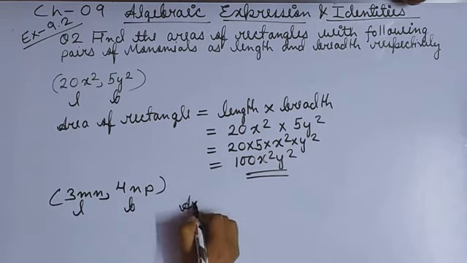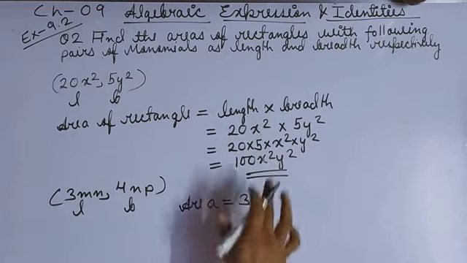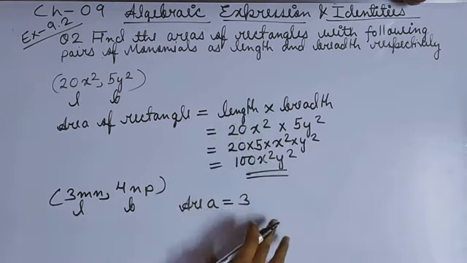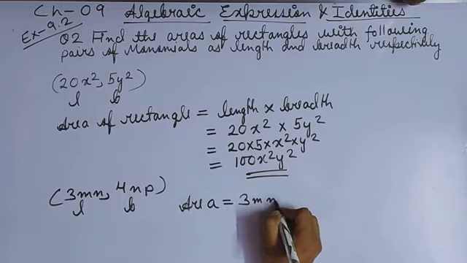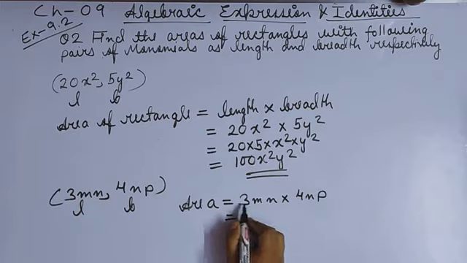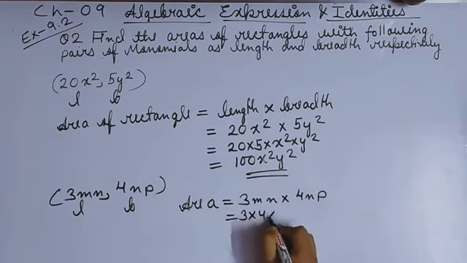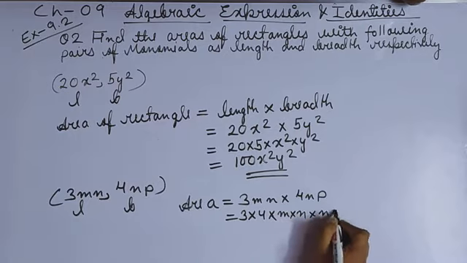So area will be equal to 3mn, as we have already done the first one, area of rectangle is length multiply breadth. So no need to write the formula every time, just area is equal to 3mn multiply 4np. First we will multiply the numbers, so this will be 3 multiply 4, then multiply mn, m multiply n, then n multiply p.